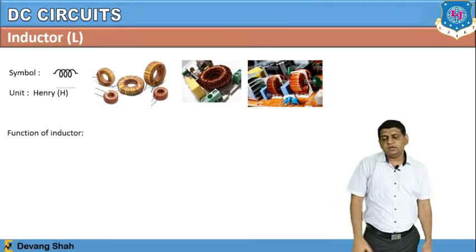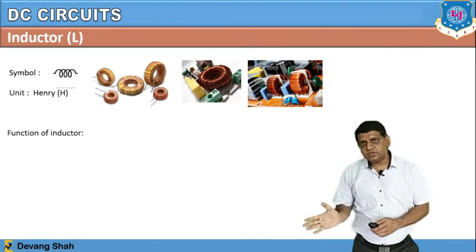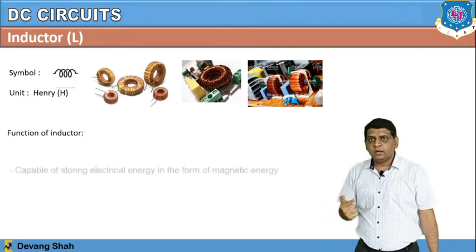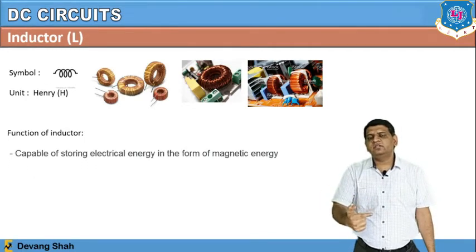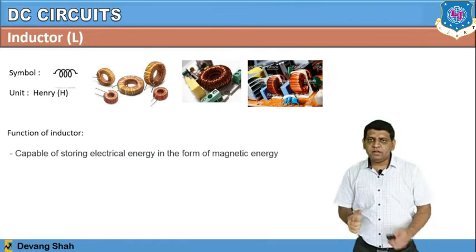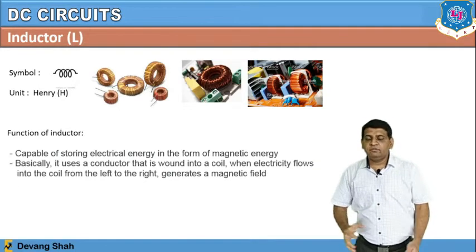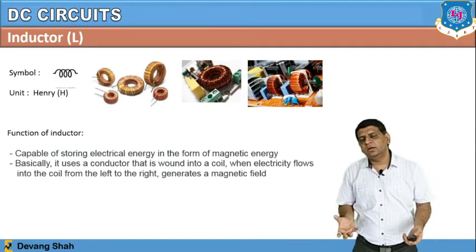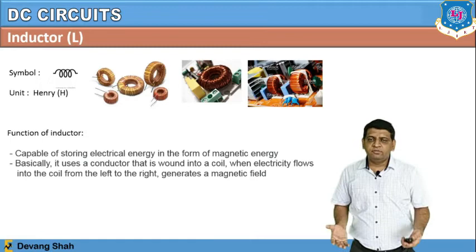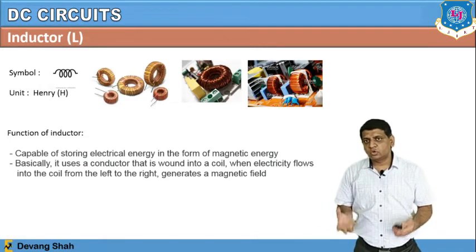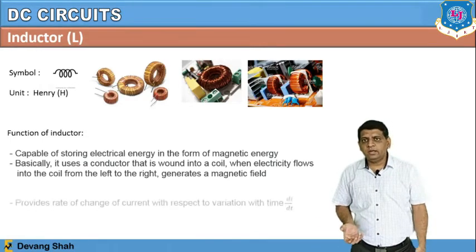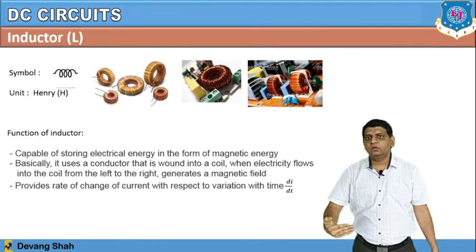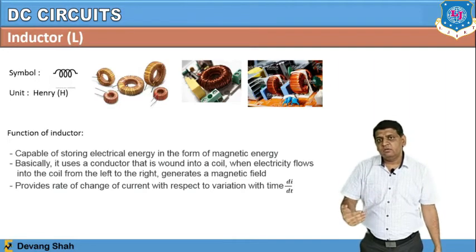Now what is the functionality of an inductor? Capacitor and inductor both store energy, but the capacitor stores energy in the form of charge, while the inductor stores energy in the form of a magnetic field. Once you apply current to the inductor, it produces magnetic flux around it, and that flux is the magnetic field stored in the inductor. Whatever current you apply will vary with respect to time.